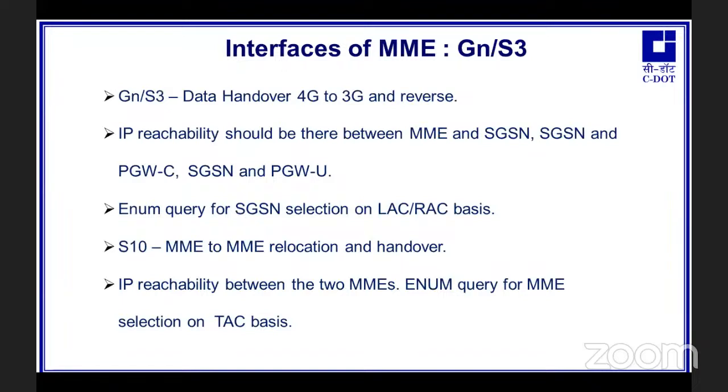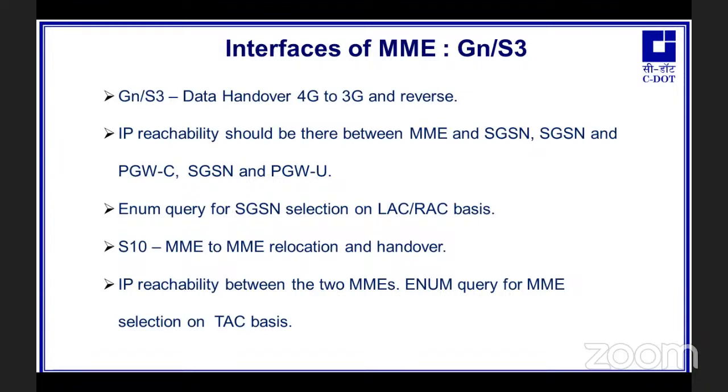So the interfaces related to data handover and all. We are using GN interfaces, and we have the support of the S3 interfaces also. Usually when we have checked the data handover, it is going over the GN interfaces through SGSN.